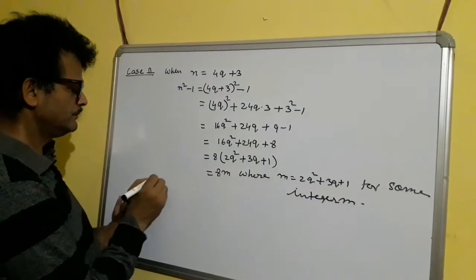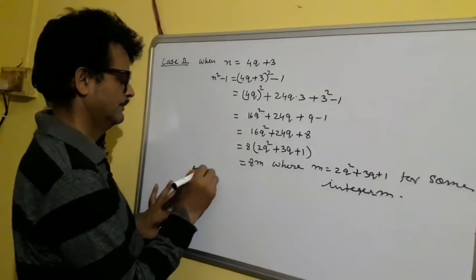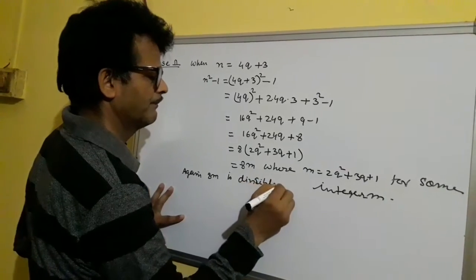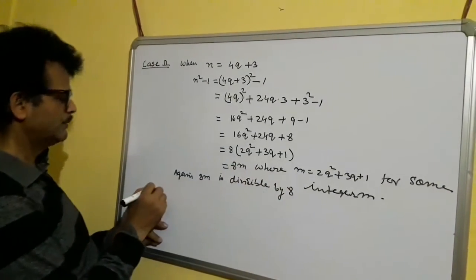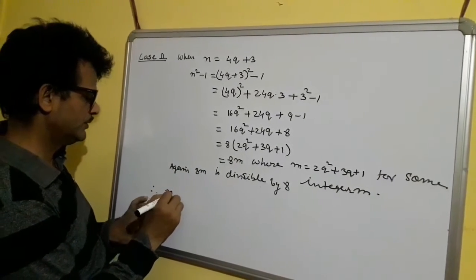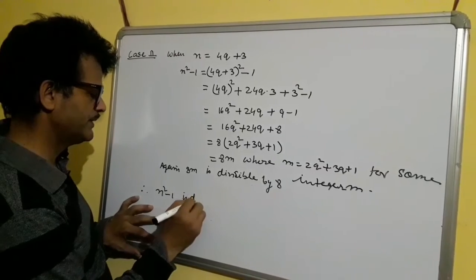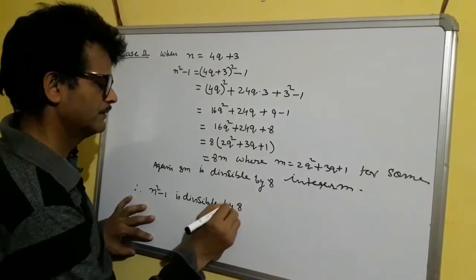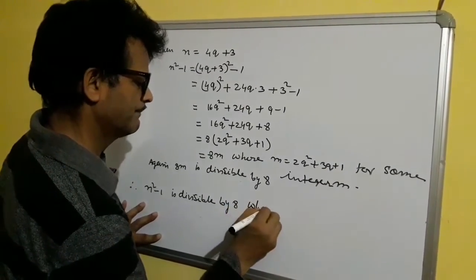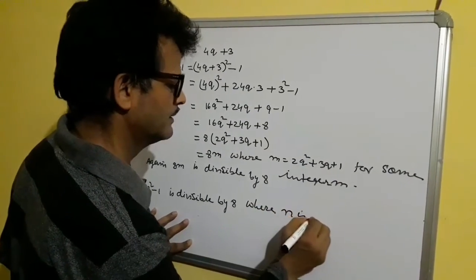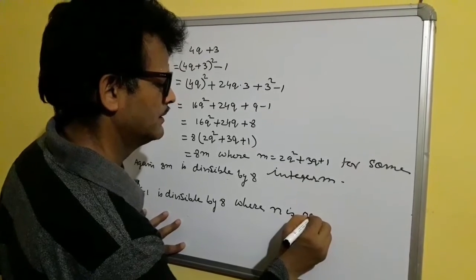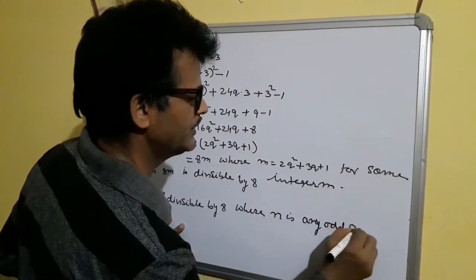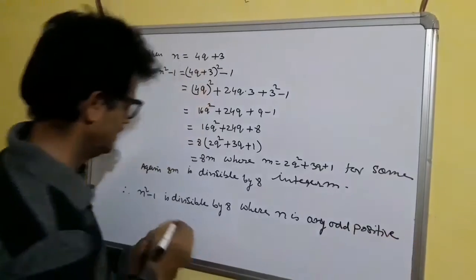Now again 8m is divisible by 8. Therefore n square minus 1 is divisible by 8, where n is an odd positive integer.